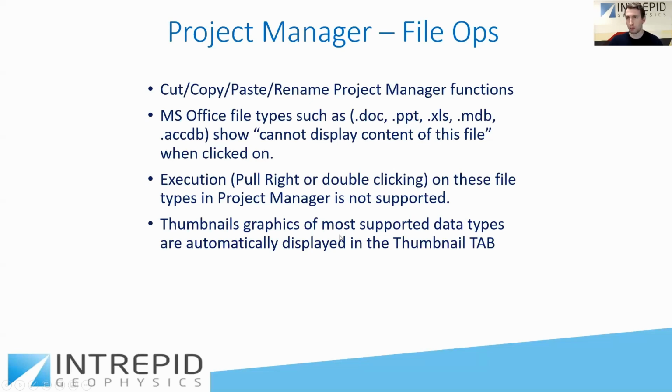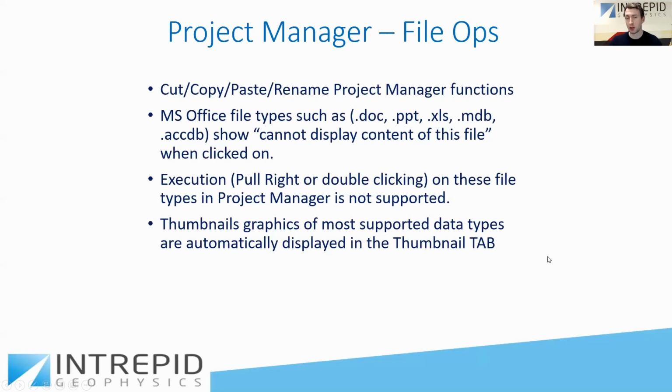Any sort of ASCII files, we do, and you'll be able to see, as I said, a snippet in the context-sensitive display. And just building on that, no support for Microsoft Office file types. Execution on any of those file types isn't supported either.